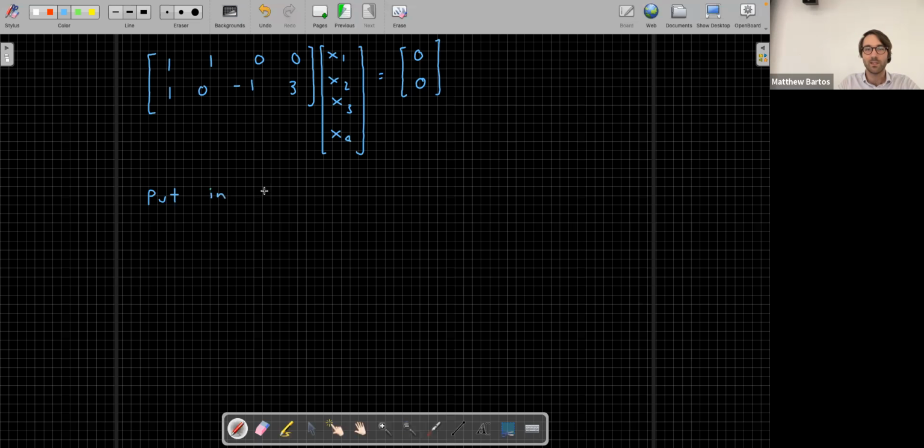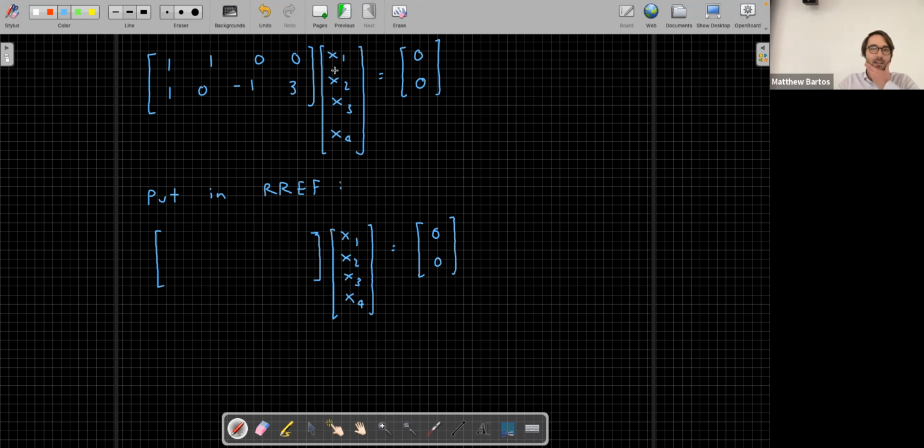So we're going to apply row operations to transform this system into a form that's easier to work with. So we have x1, x2, x3, x4 equal to 0, 0.